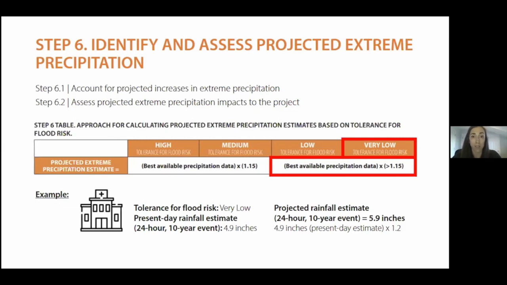Decision makers would then evaluate how this increased precipitation might result in increased runoff at our site, freshwater flooding, or even how it might combine with saltwater flooding to impact the project site. Again, this could be done in a more qualitative way for planning level projects, or it could be assessed using more technical engineering methods and models.